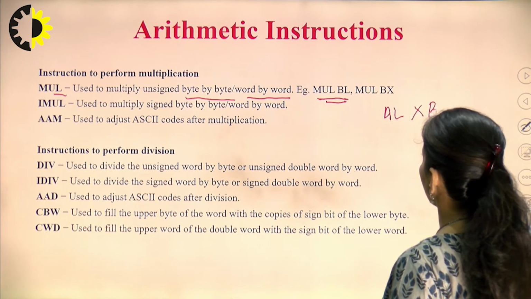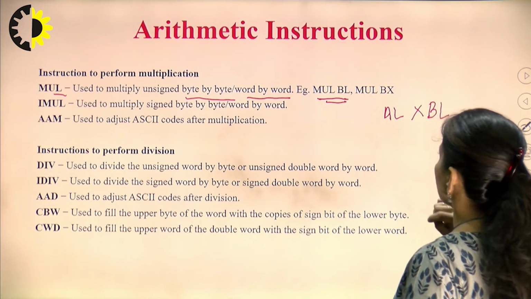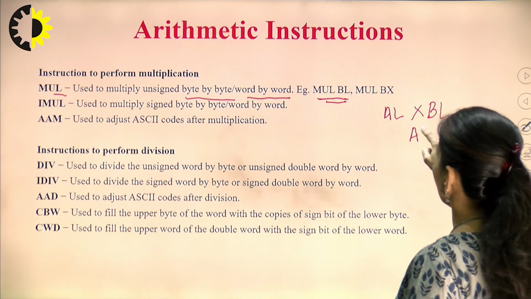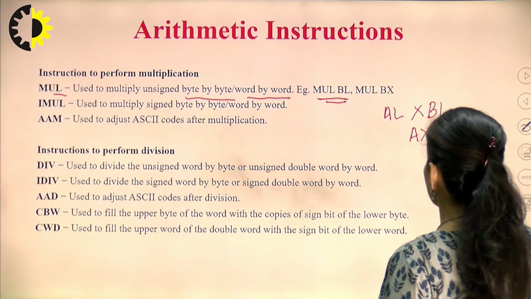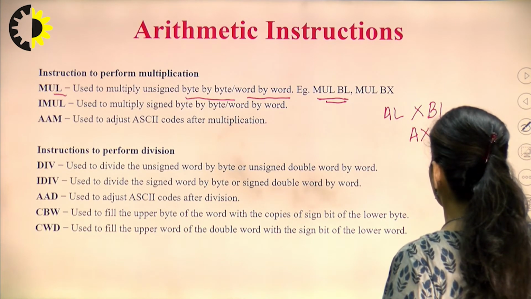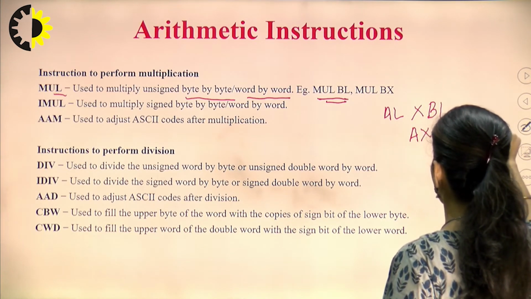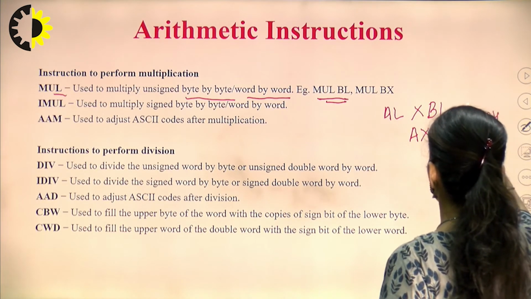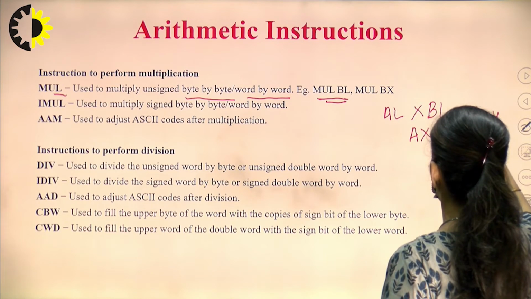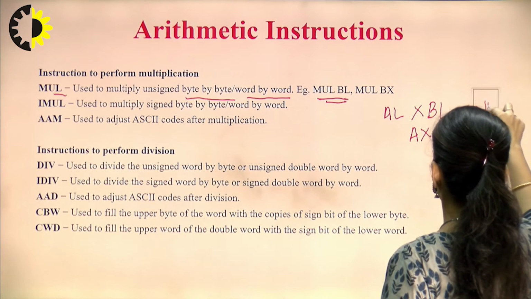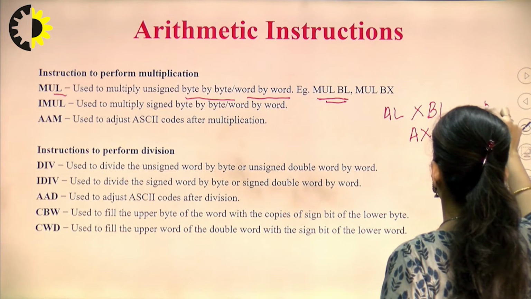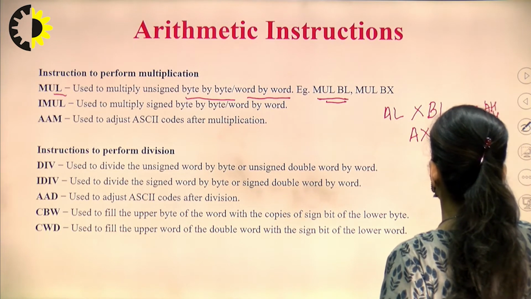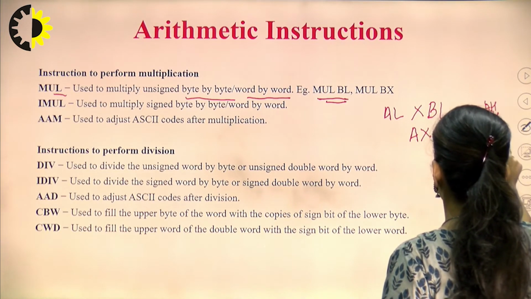So AL will be multiplied by BL, and in this case the result will go to AX, in which the MSB will be stored in AH, and LSB will be stored in AL.